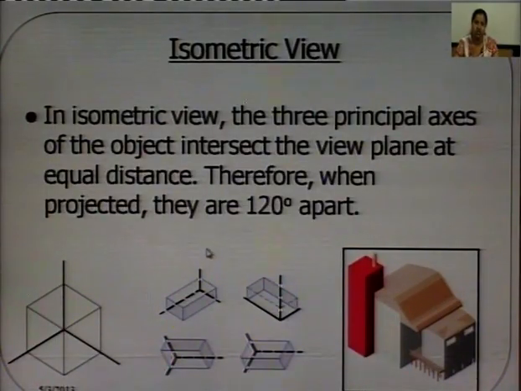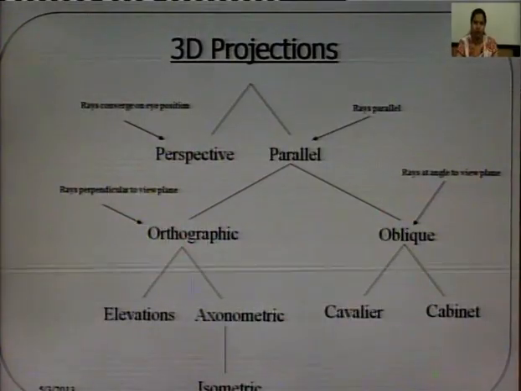So the x-axis, y-axis and z-axis all three intersect at some point with equal distance, and they are 120 degrees apart. Then the projection is known as the isometric view. So this is the 3D projection.